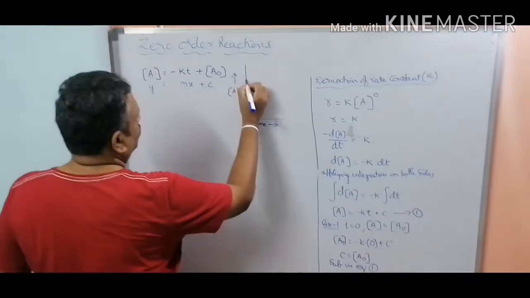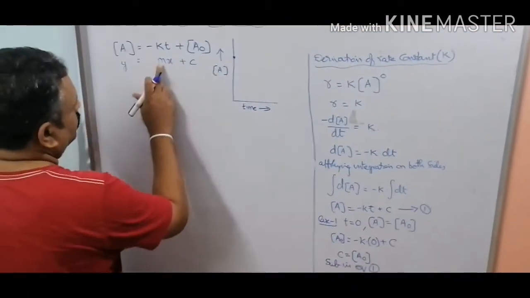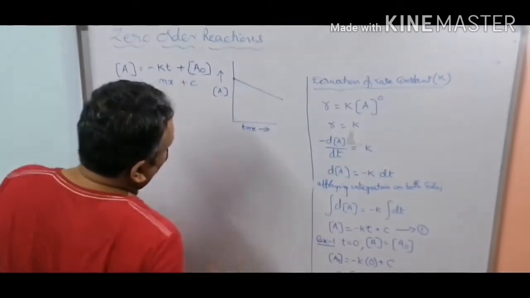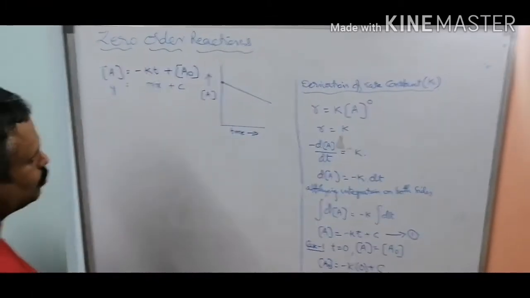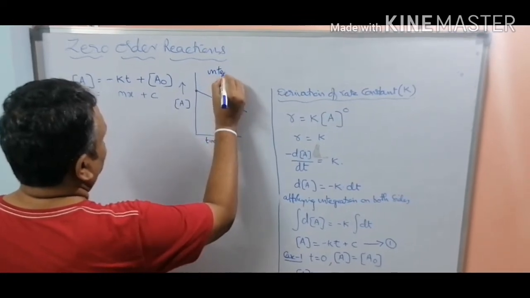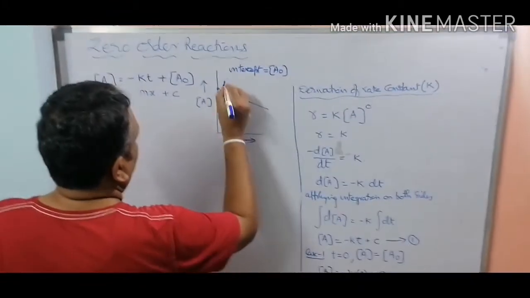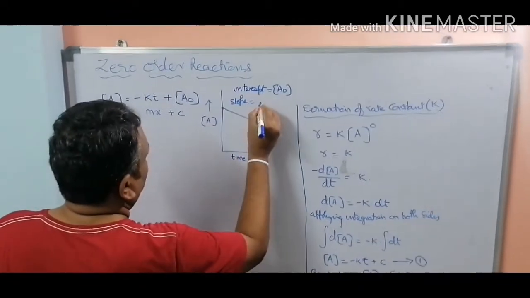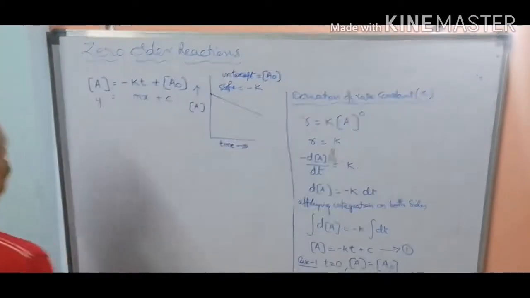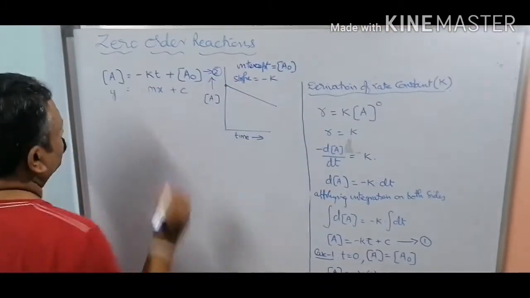The intercept value is c, which is equal to [A] naught, and the slope is equal to minus k. So you will show it as a straight line with a negative slope. Let us mark this as equation 2.